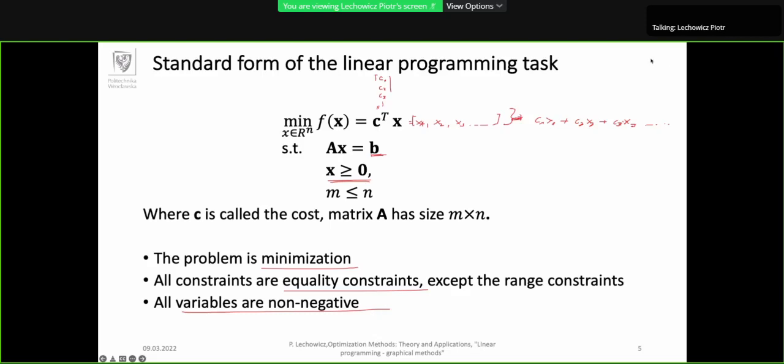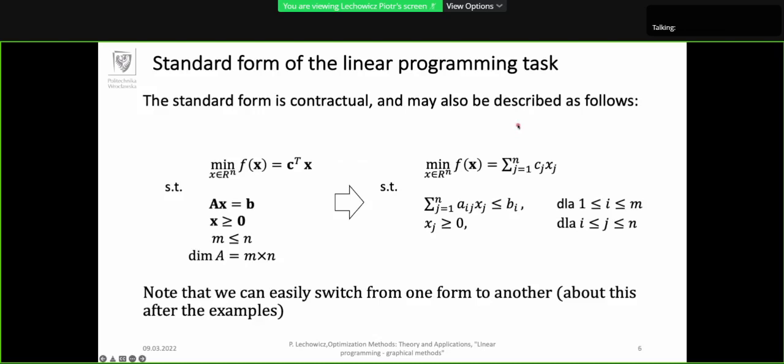And it is possible to convert any linear problem into such a standard form by introducing certain additional variables, which I will describe later. And this form is contractual, however, it's used by many algorithms.